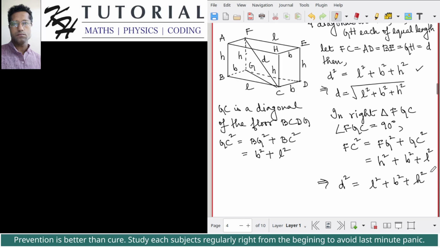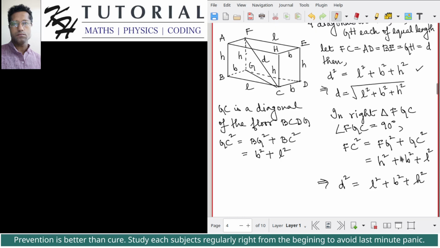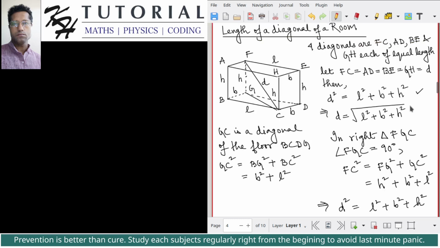This is how we derive the formula that the square of the diagonal of a room is equal to the sum of the squares of the length, breadth and height of the room. And the length of the diagonal of a room is also the length of the longest stick or rod that can be placed inside the room. So this concept you must remember.